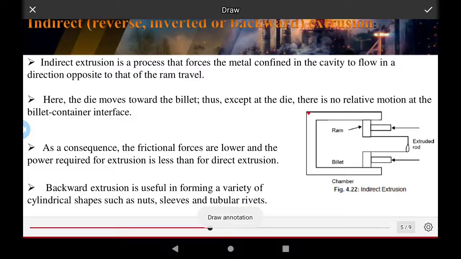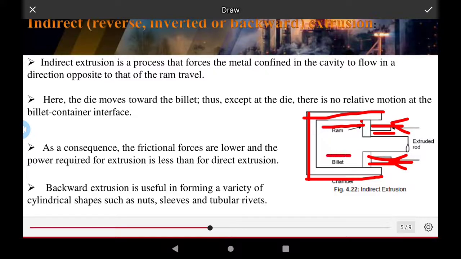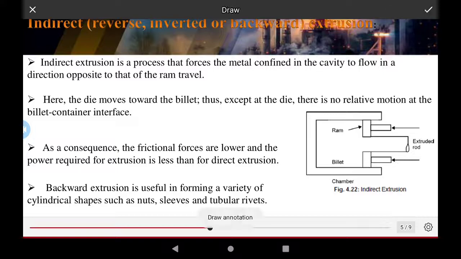This is the indirect and reverse extrusion process. This is the small ram, and the force is applied through the ram. Then this is the billet, which consists of molten metal collected, and this is the chamber of the extrusion.